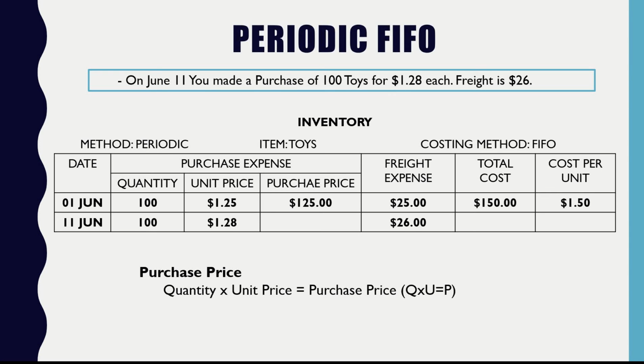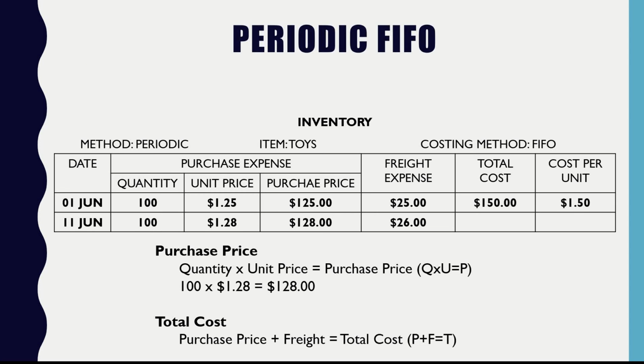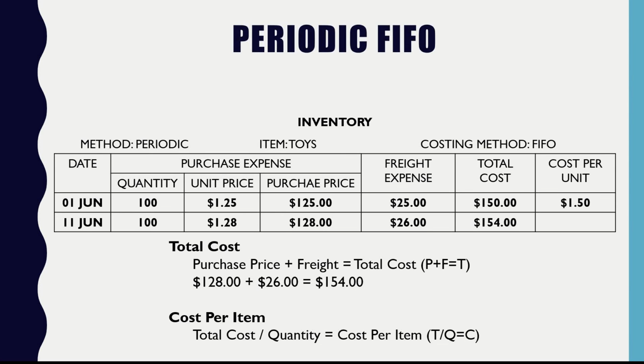So in this case, I purchased another 100 toys at $1.28. My total purchase price is going to be my quantity times my unit price, which gives me 128, plus an additional $26 because I want the total cost. So 128 plus 26 gives me 154.